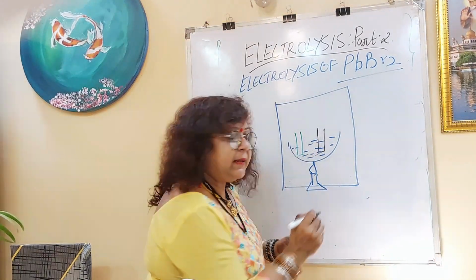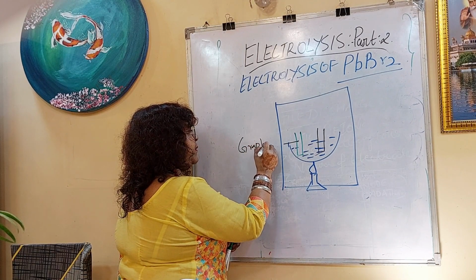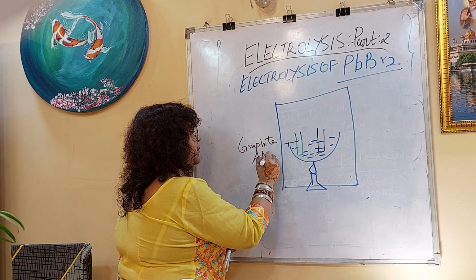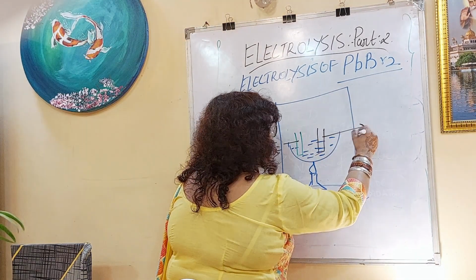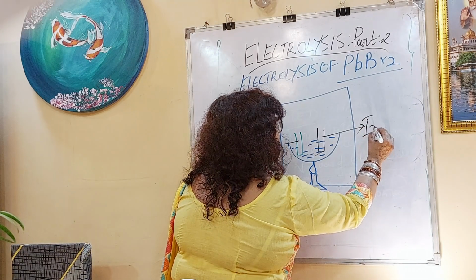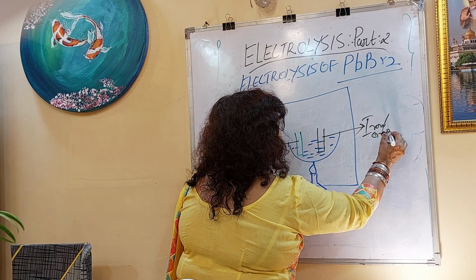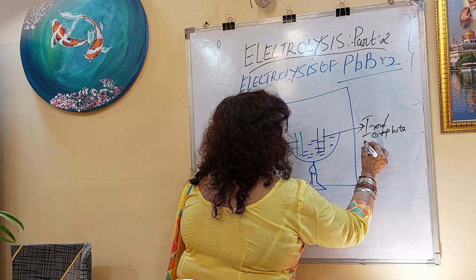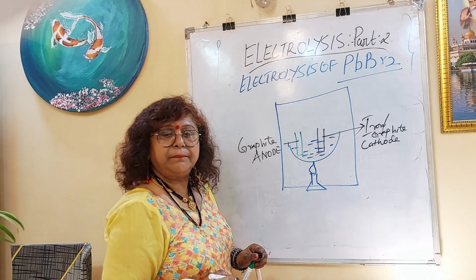Okay, this is the graphite anode. The other one is the iron or graphite cathode.